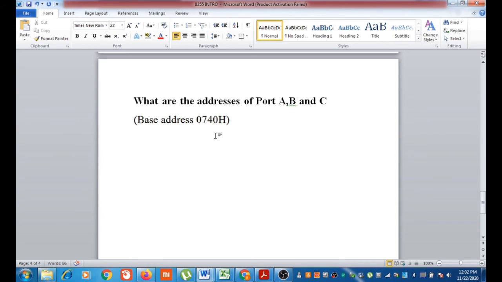Next question is what are the addresses of port A, B and C?